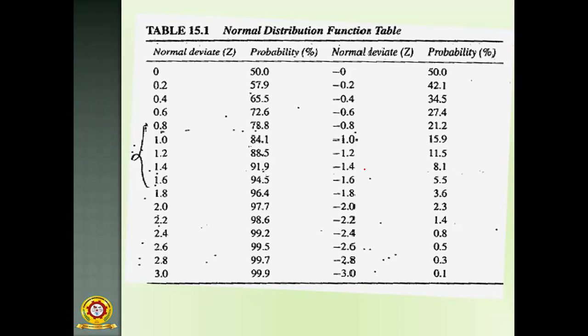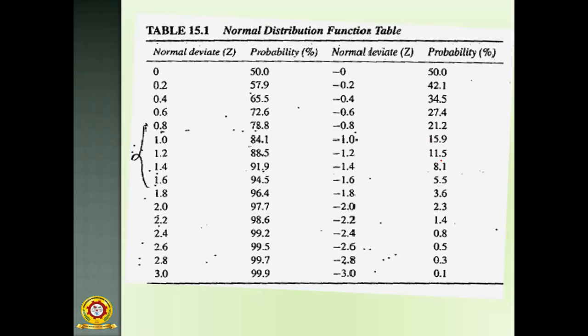You have to calculate in a simple manner. Take these two values: 11.5 plus the average of these two things, since the value lies between 1.2 and 1.4. This table is important, and 8.1.